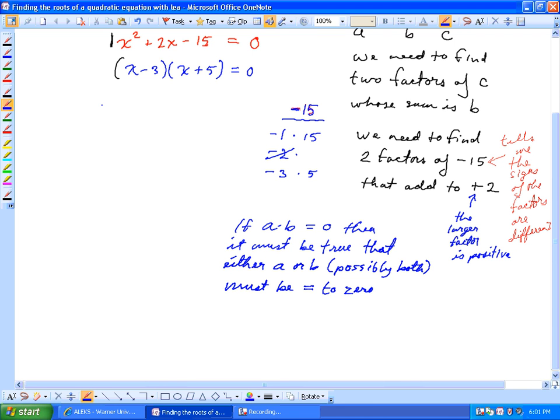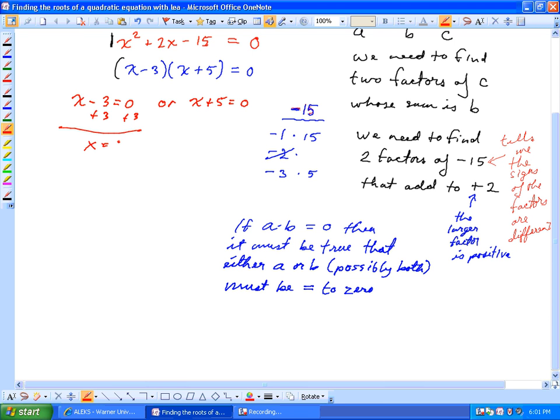To examine each of those cases, I set each factor equal to 0. I say this is a possibility or this is a possibility, and then I solve each of those cases for x.